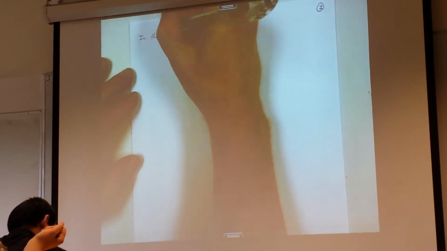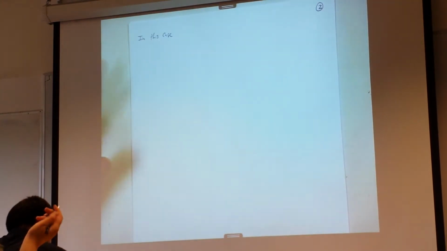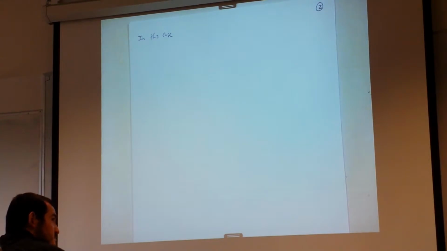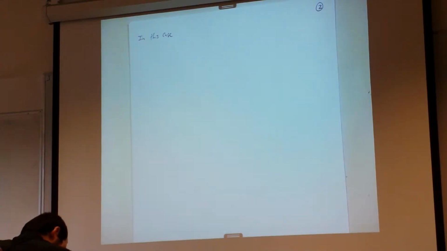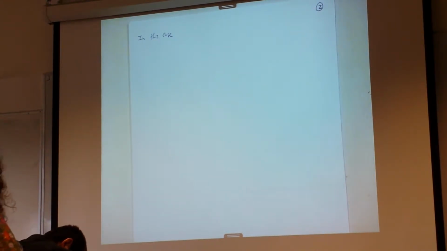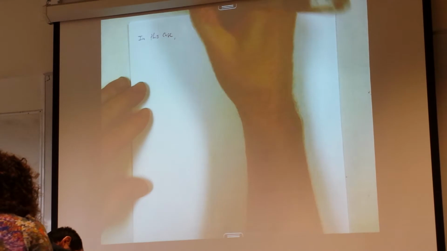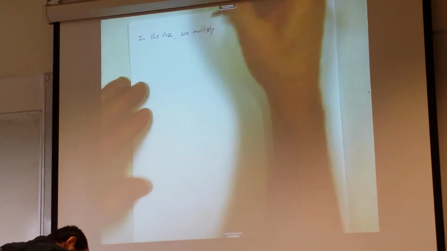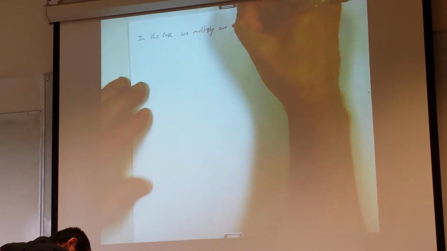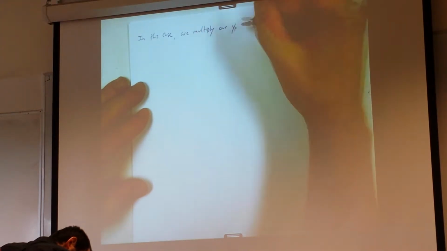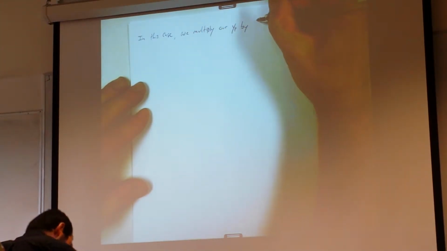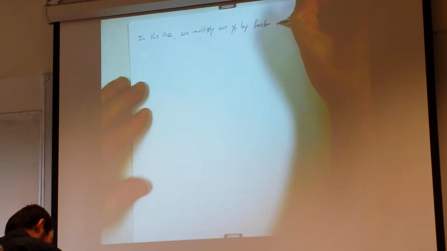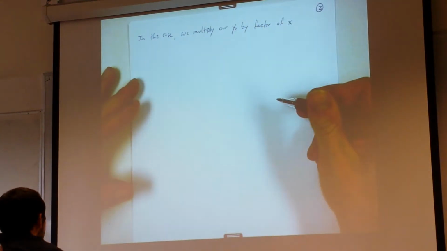So when this happens, if the forcing function f of x is included in the complementary function as a linear combination of the functions in the complementary function, then we multiply our choice of y sub p, the particular solution, by a factor of x. Just like we did when we had repeated roots, right?